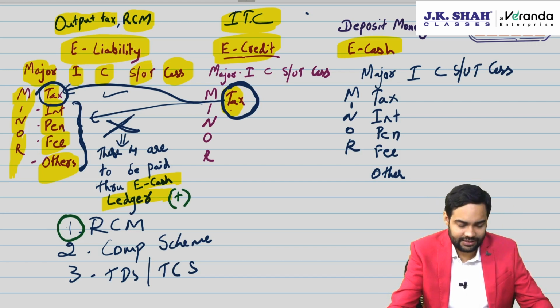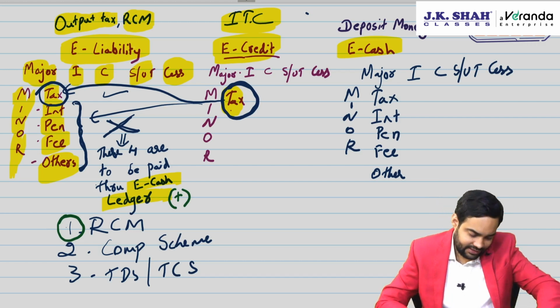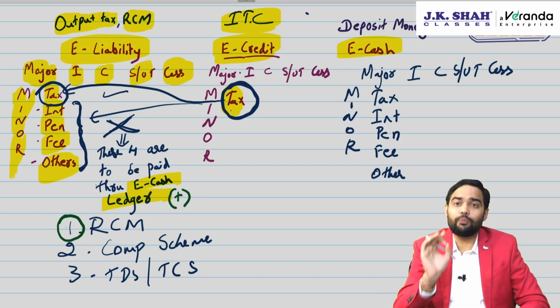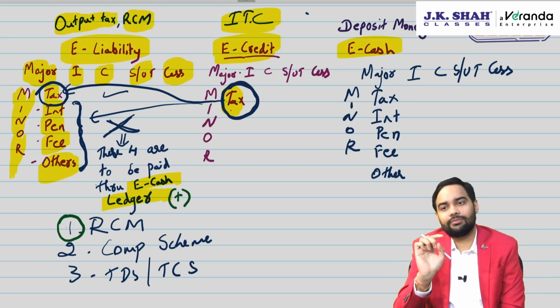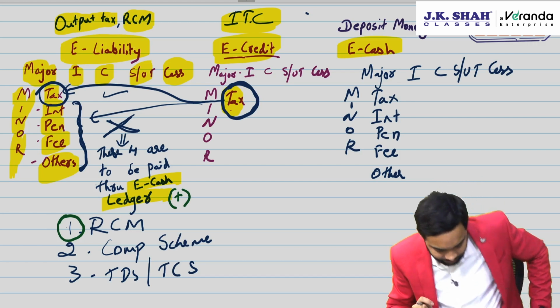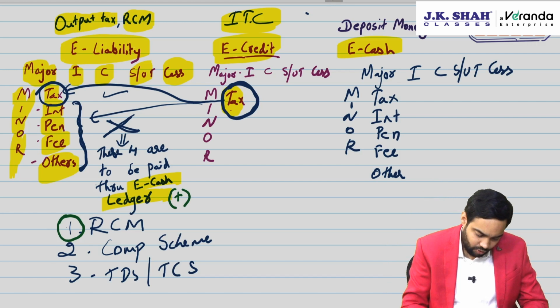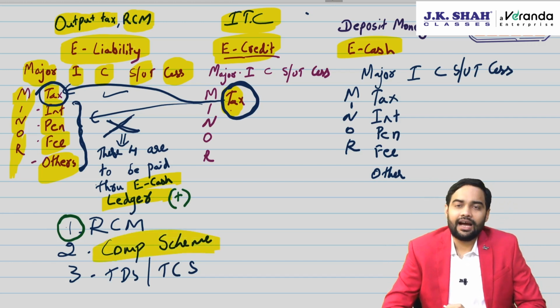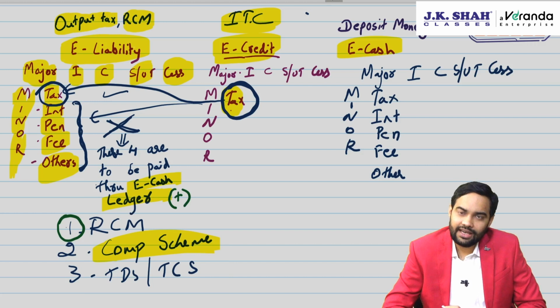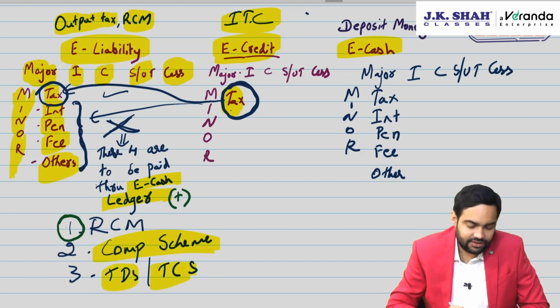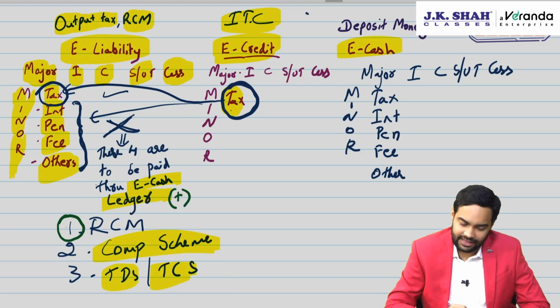A very simple reason for that, and that simple reason is ITC can be used only to pay output tax, and RCM payable is not my output tax. Then tax payable under composition scheme, I have to pay only through e-cash because a composition dealer cannot avail ITC. And last one is TDS, TCS, which is also required to be paid through e-cash.